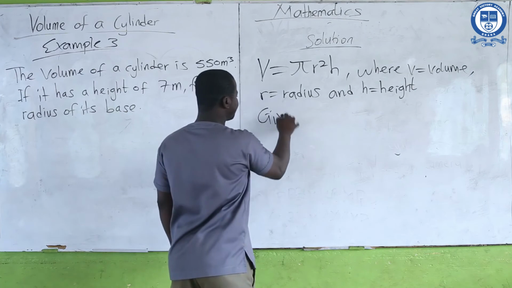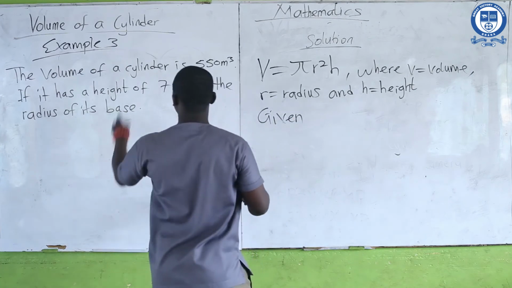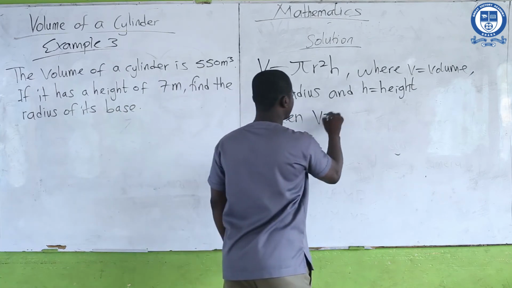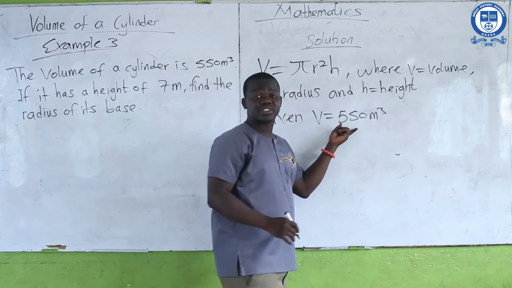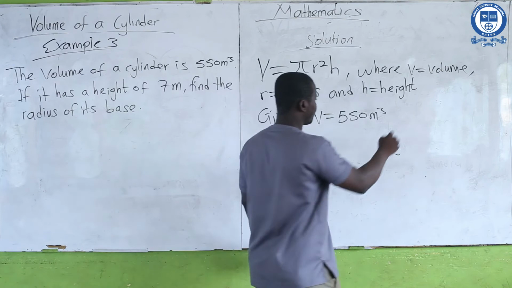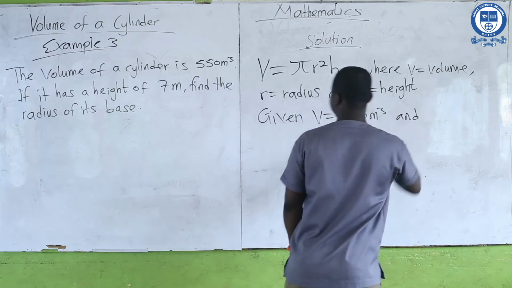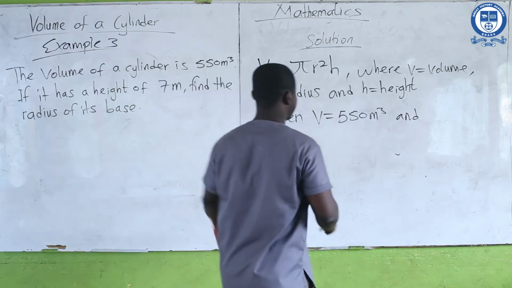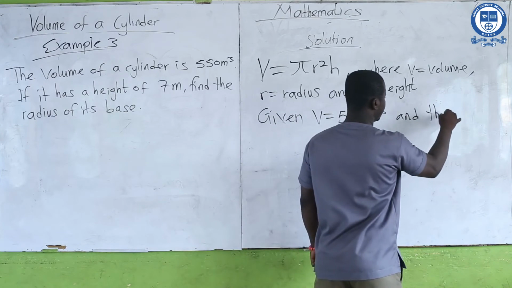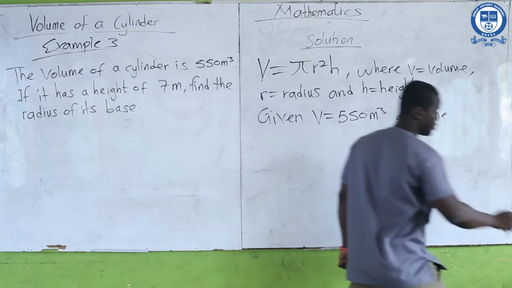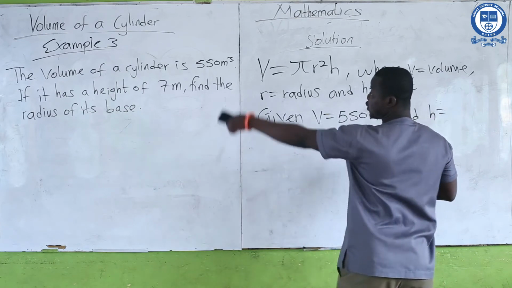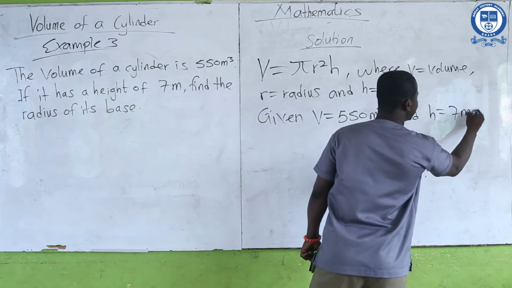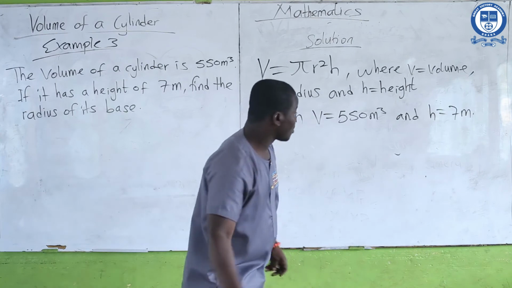And we're given the volume to be 550 meters cube and the height h to be equal to 7 meters.